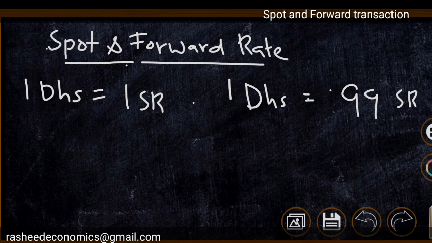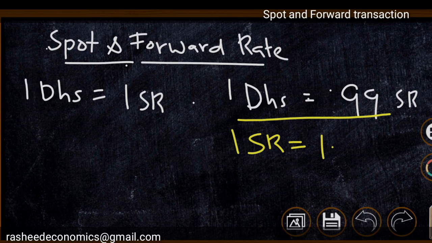The same value of forward discount or forward premium can be calculated in terms of dirhams as well. In such a case, we can rewrite this forward rate as 1 Saudi Riyal is equal to 1.01 dirham.